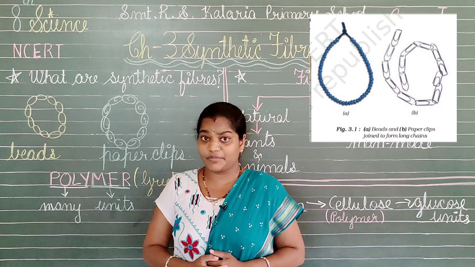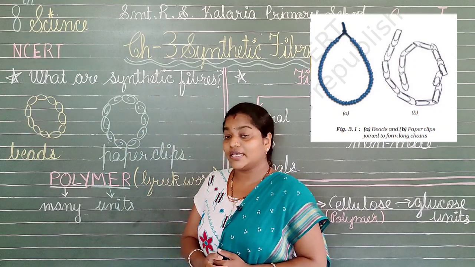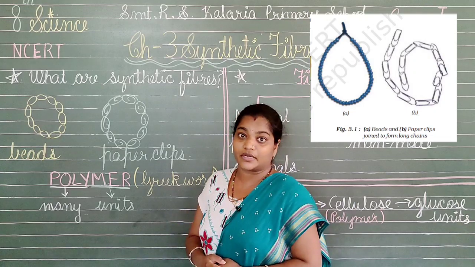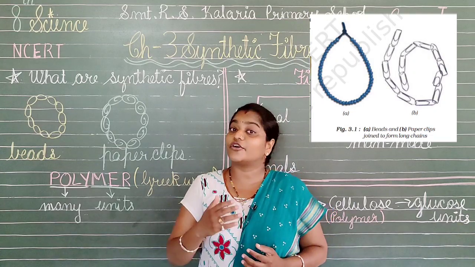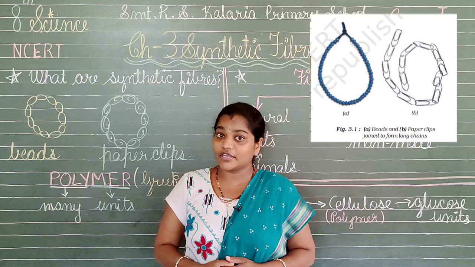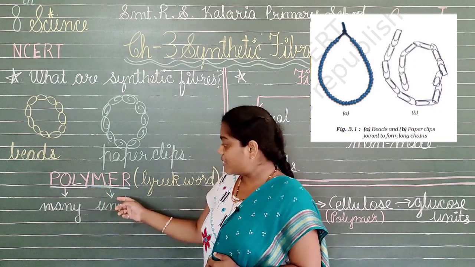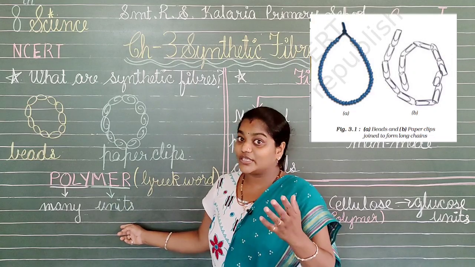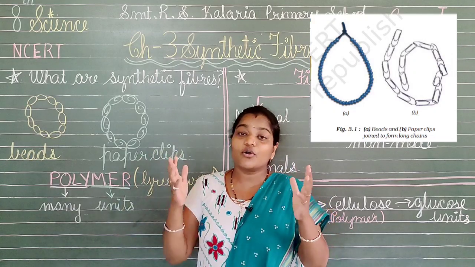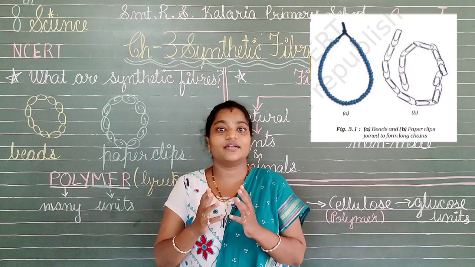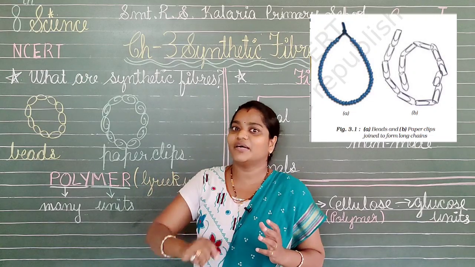Now what is this word polymer? Here we can say the expanded form of the polymer. Polymer is a Greek word. Now what is the meaning of this? Poly means many and mer means unit. So when so many units come together, they form a polymer.